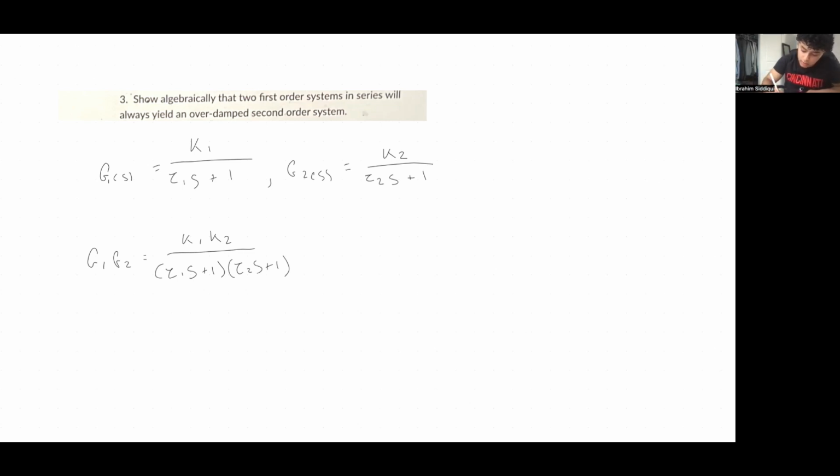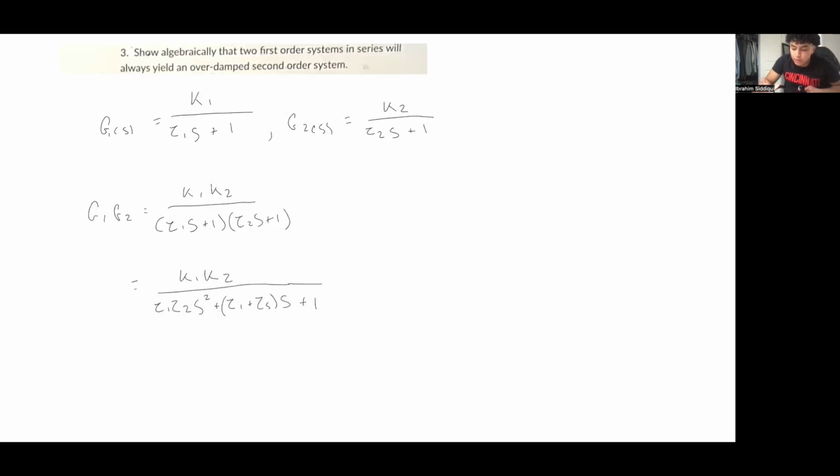On the top we have the same K1 times K2, over tau 1 times tau 2 multiplied by s squared, plus tau 1 plus tau 2 multiplied by s, and then again plus 1.